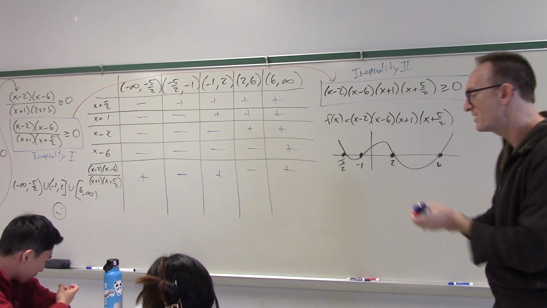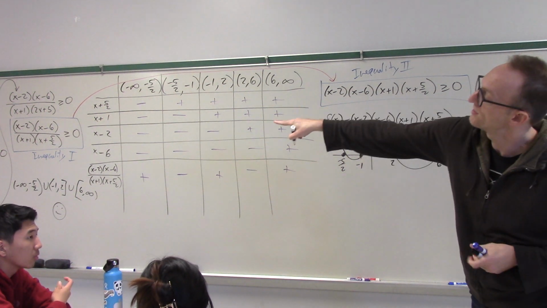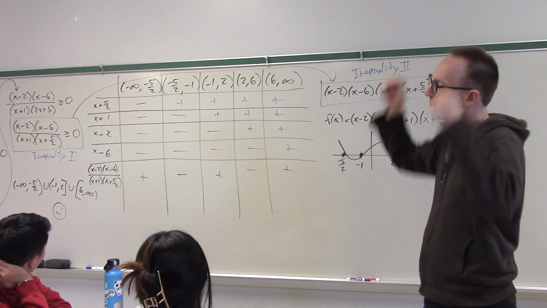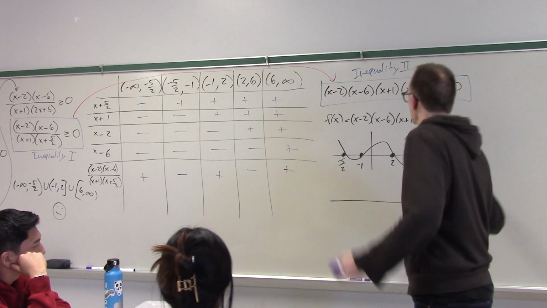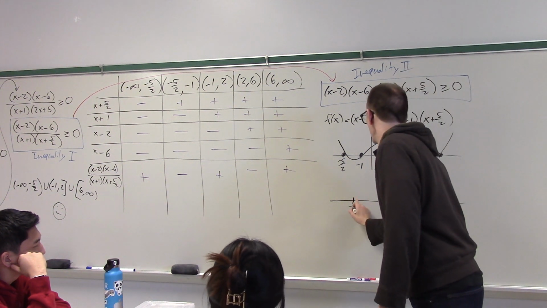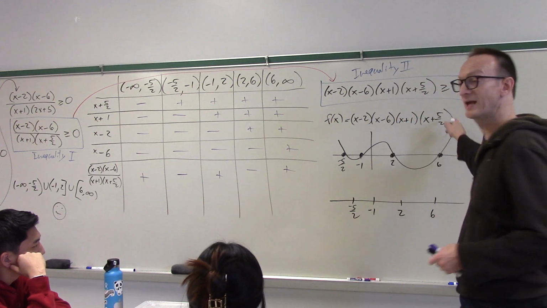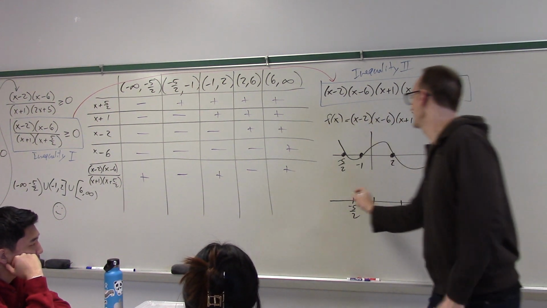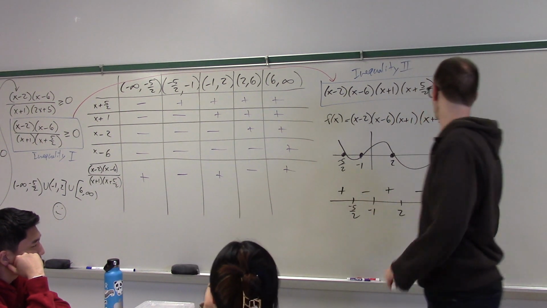All right, so what this means is, here's the new way. The new way of solving inequality number 1 is as soon as you get to that point, you think of inequality 2 in your mind, and what I personally do is I just make a number line, put negative 5/2, negative 1, 2, 6, and I just know this polynomial is, because of its end behavior, positive, then negative, then positive, then negative, then positive.